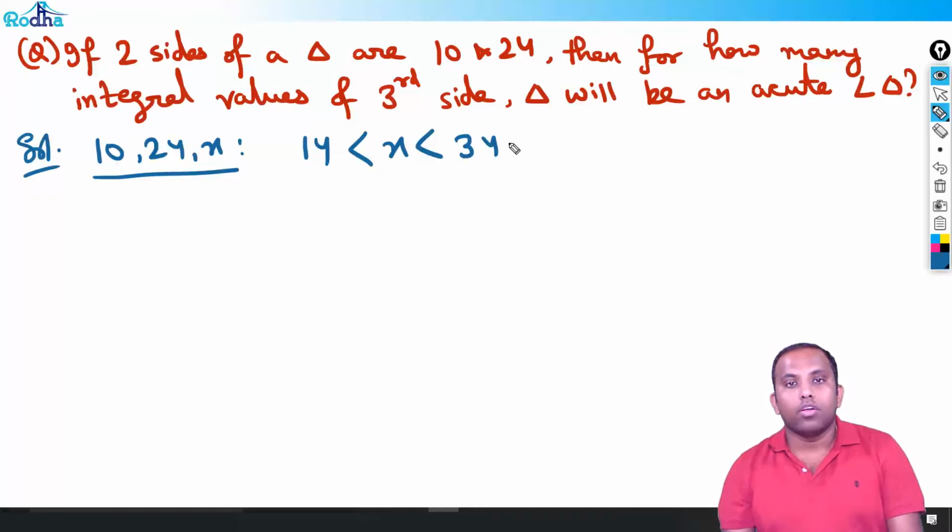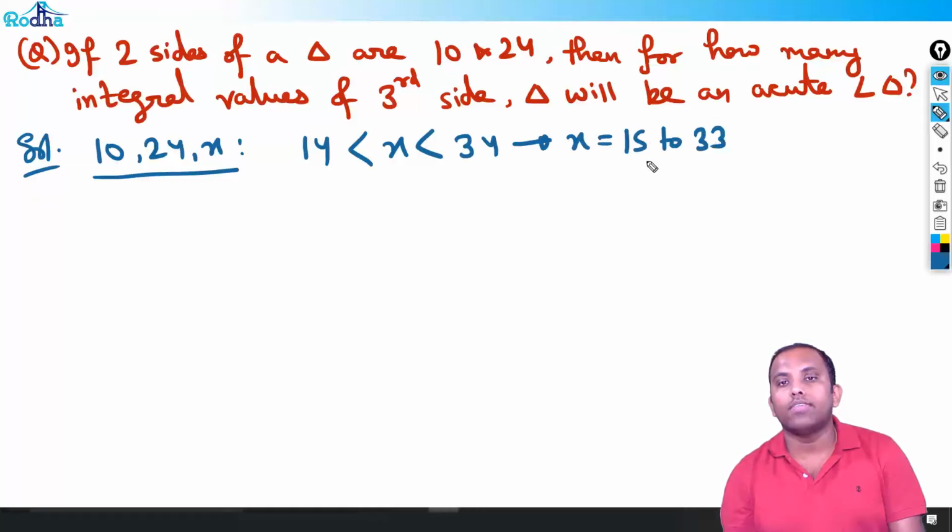Now x can take all the values from 15 to 33, the same as the last question, because 24 lies in between. If x is less than 24, then 24 is the larger side.